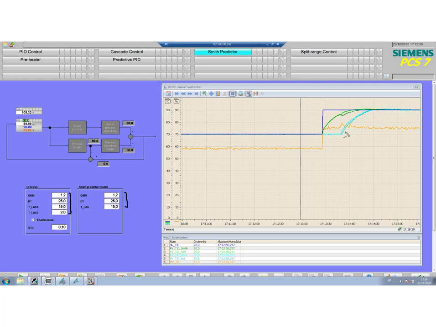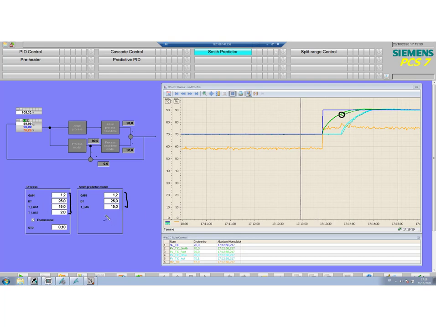So we have a model error. Since the model is faster, the error is negative, and this explains what you see over here, right? So there is a decrease in the predicted PV, and this leads to a small boost of MV. In any case, PV goes to set point and you have a response that is non-oscillating.